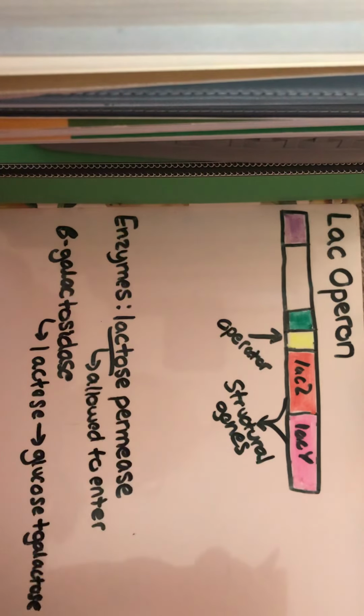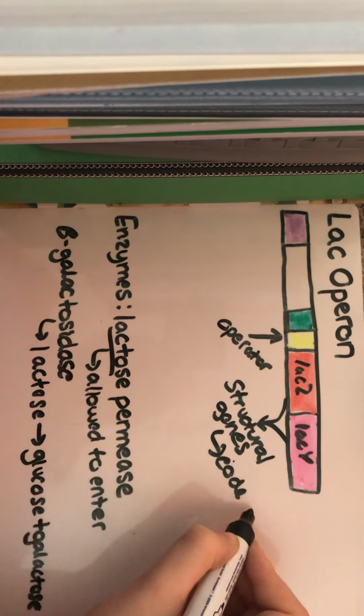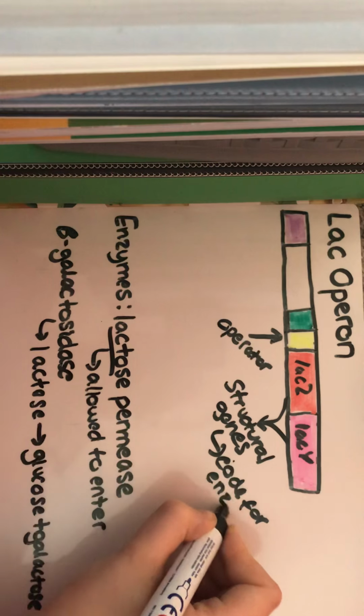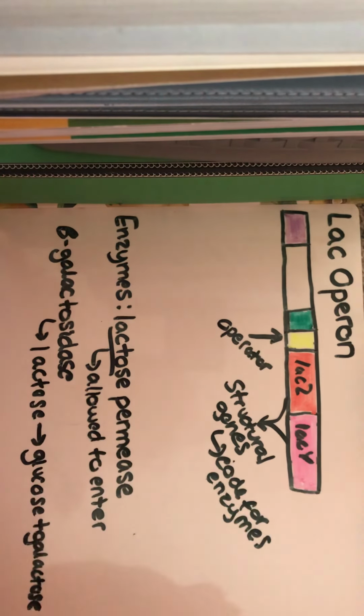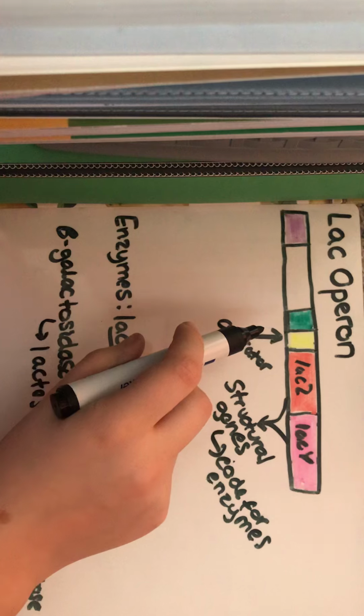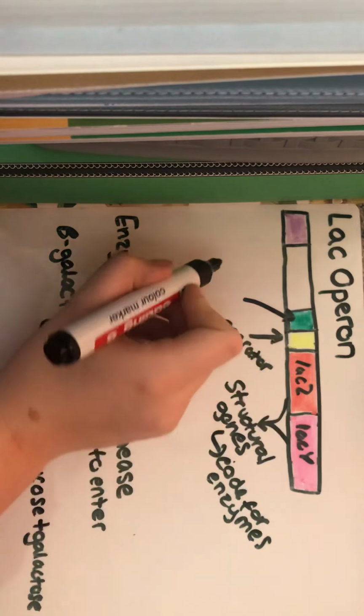So these code for these two enzymes. Next to the operator region, we have the promoter region here.